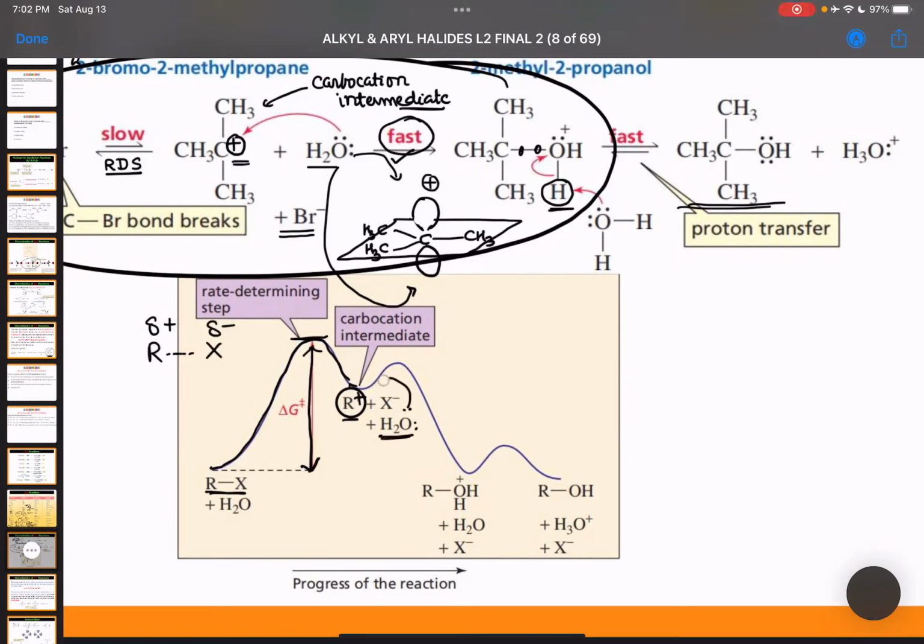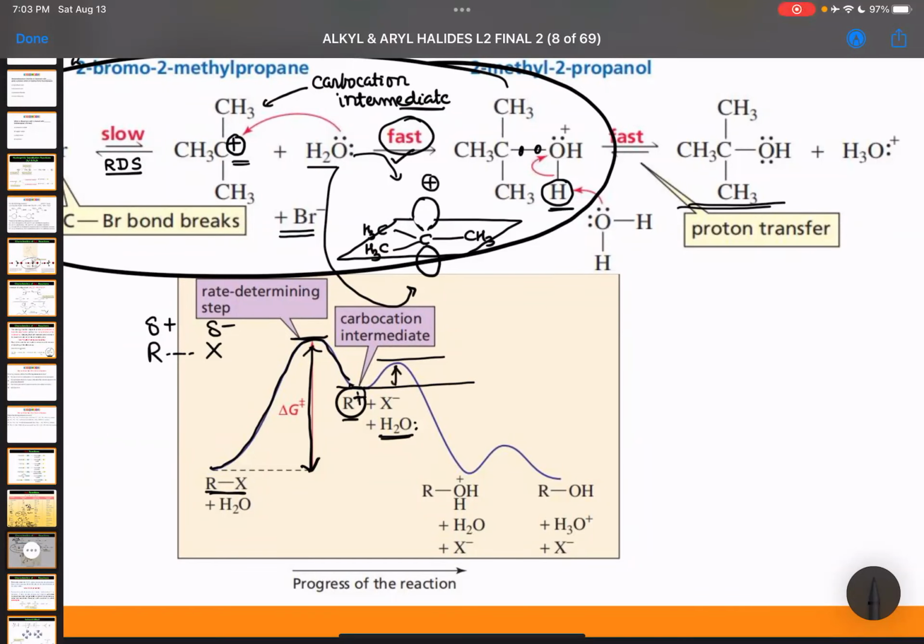How do you know it is an easy step? From the graph, can you tell me? Which thing lets you decide that the second step is going to be very easy? You can compare the levels. The second hump is not going to be that high, right?